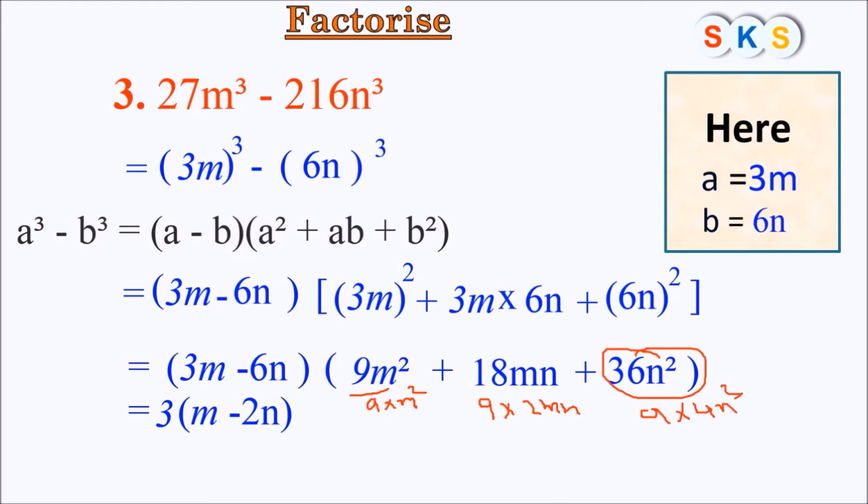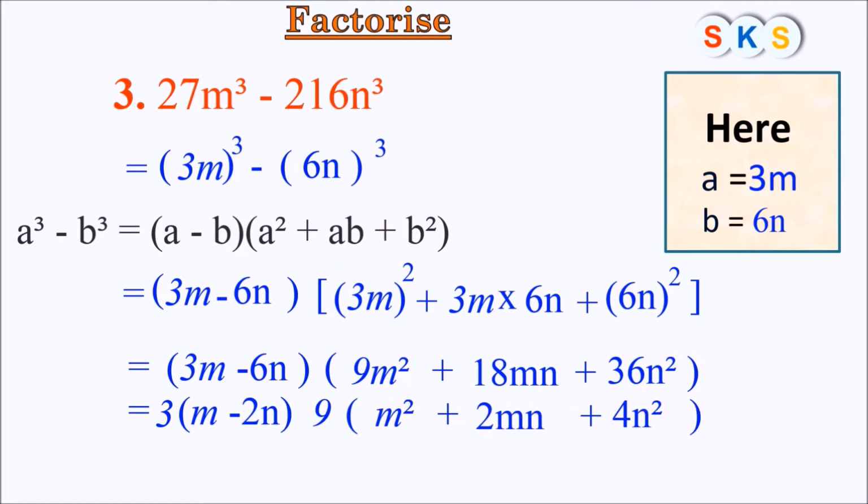So what is common over here? 9. So we will take 9 as common. If we take 9 as common in the bracket, what will be left? We will get m square plus 2mn plus 4n square. We will close the bracket.